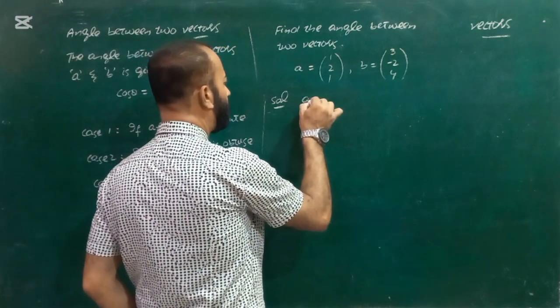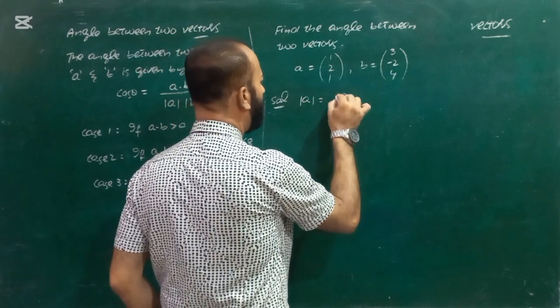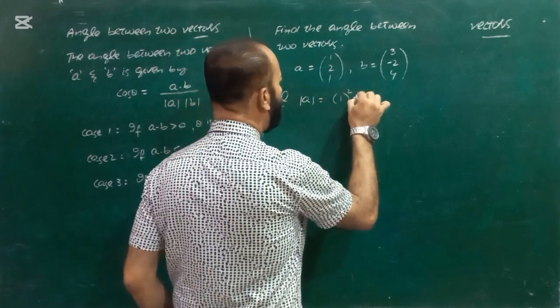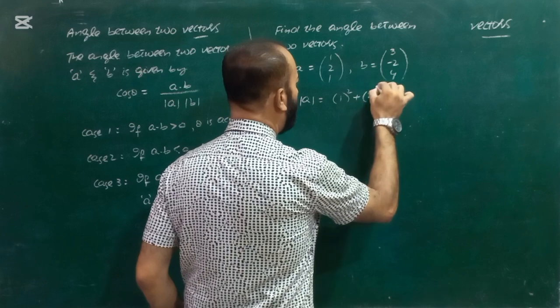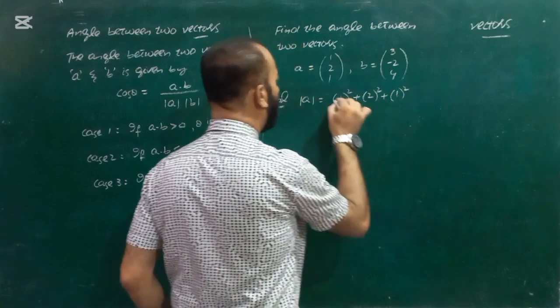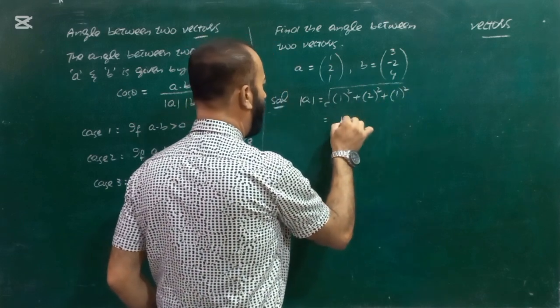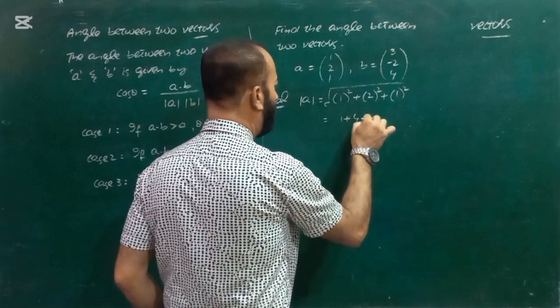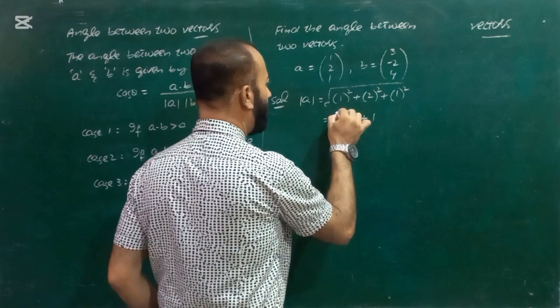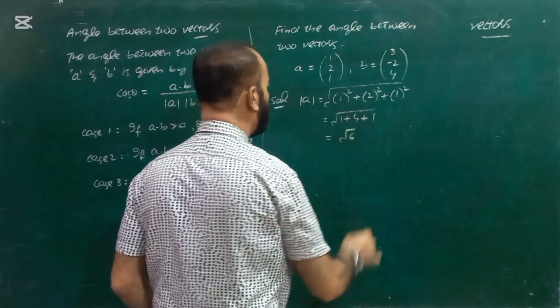So look now, A magnitude will be equal to 1 square plus 2 square plus 1 square and whole square root. So 1 plus 4 plus 1 whole square root, that will be equal to square root 6.